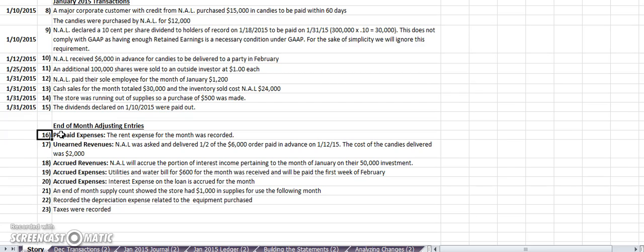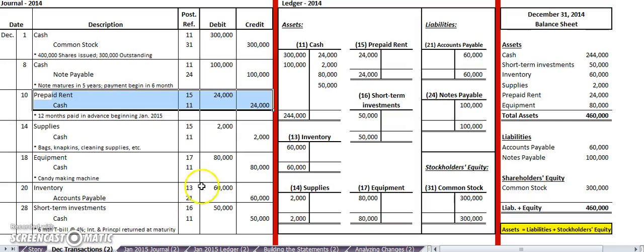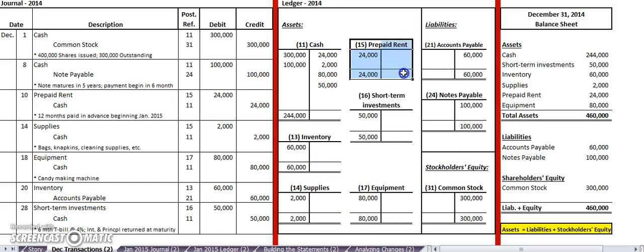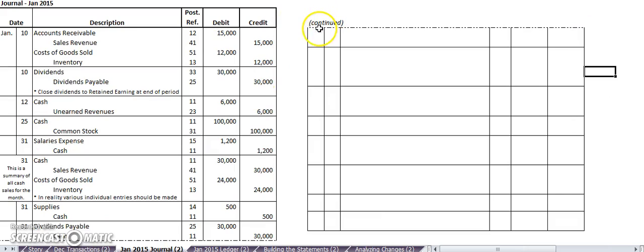The prepaid expense has a balance of $24,000, which we have already established. If we look over here, we see prepaid rent in the assets, $24,000. So we want to reduce that by $2,000. At the end of the period, January 31, we're going to expense $2,000 of the prepaid rent.